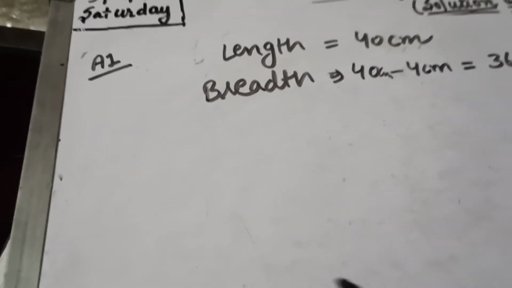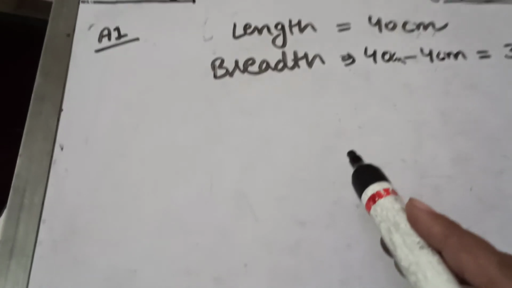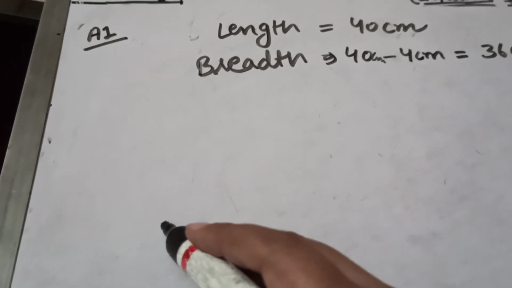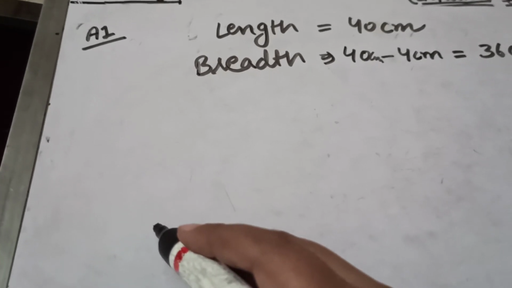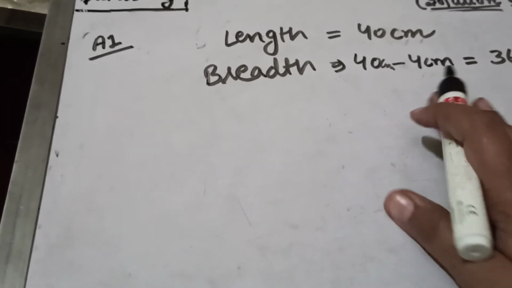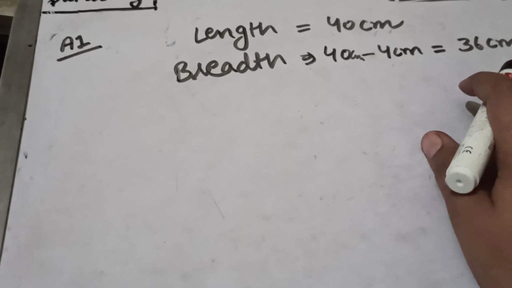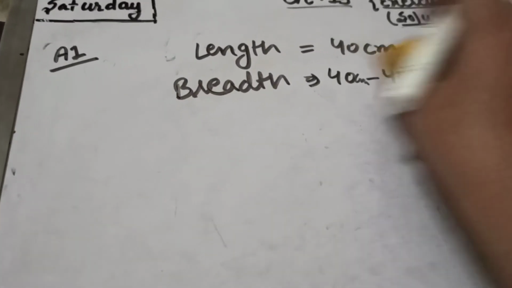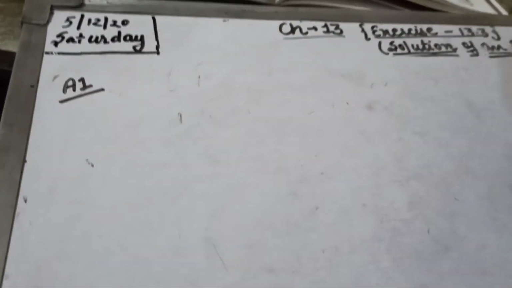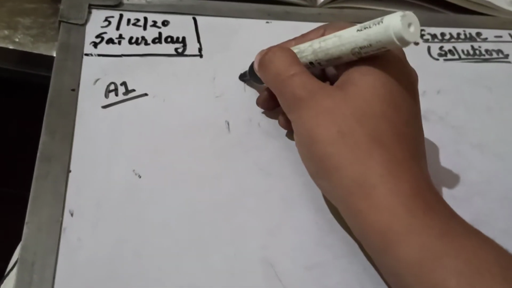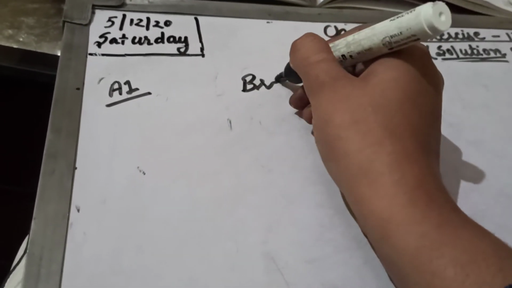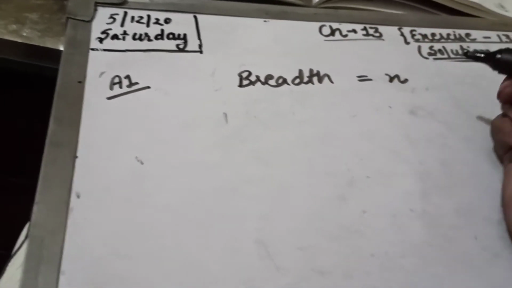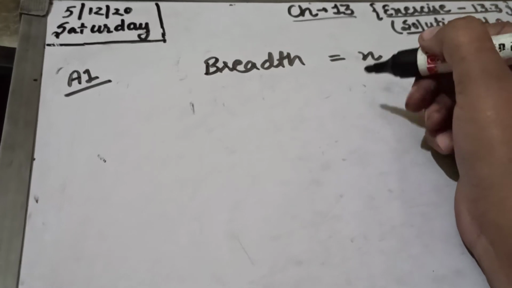See, the question is, if the length of the rectangle is 4 centimeter more than its breadth, right? Here I have simply done it directly, but with the equation type, how will you do this? We will take breadth equals x, right?